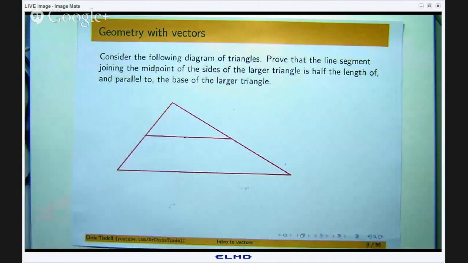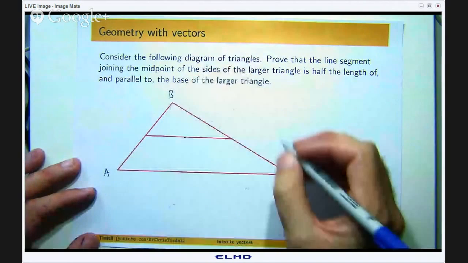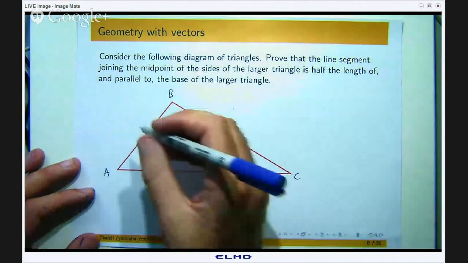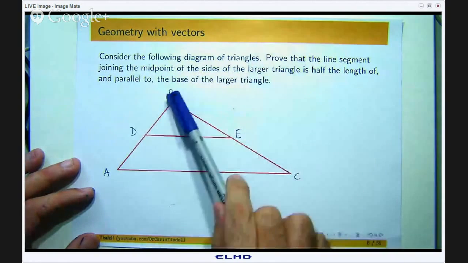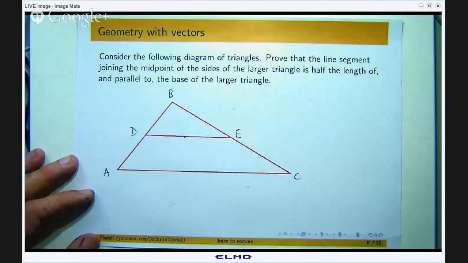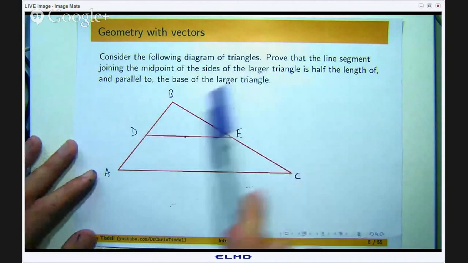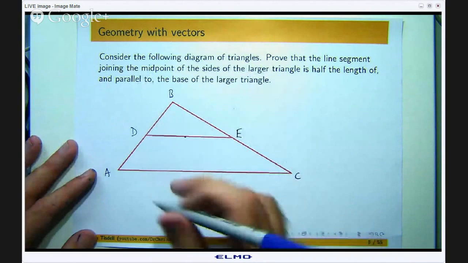Okay, so first of all, I'm going to label some things. Let A, B, C be the corners of the larger triangle, and let B, D, and E be the corners of the smaller triangle. Now we're told that this line segment here joins the midpoints of the sides of the larger triangle.